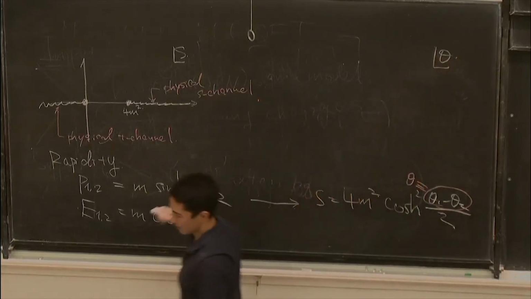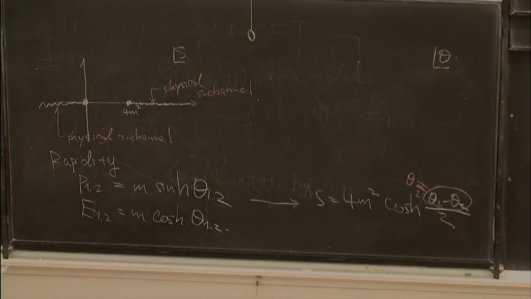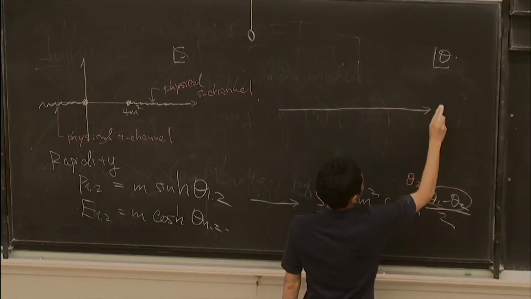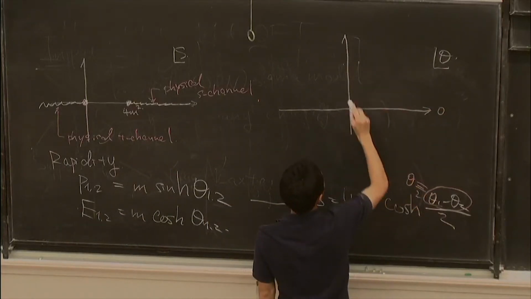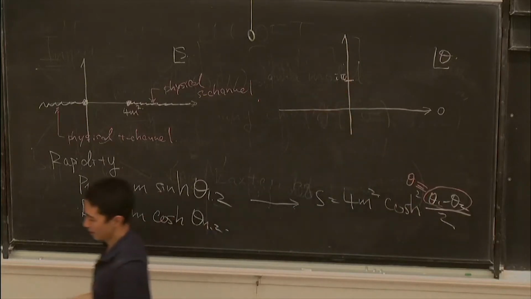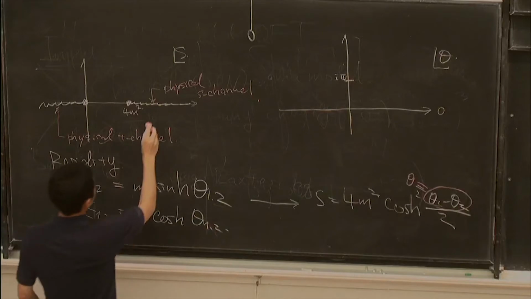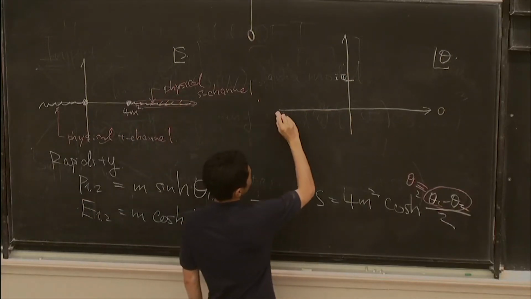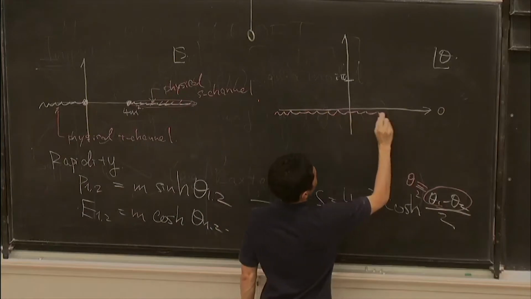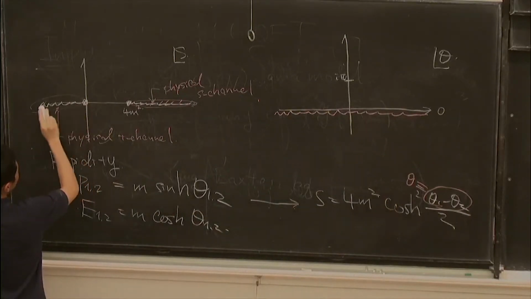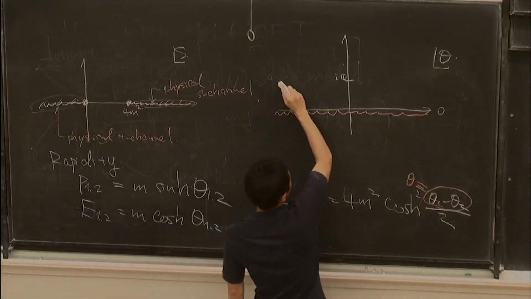If you map this picture to the theta plane, what you get is something like this. You have 0, and there is a point i pi. This branch cut is mapped to here, and this branch cut here is mapped to here.